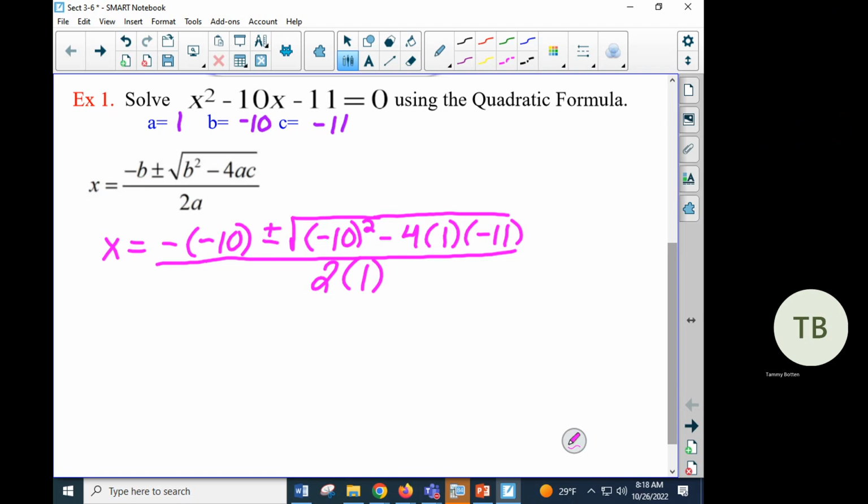All right, so here's how you're going to start this. You are going to enter what's underneath the square root first. Don't put the square root, just enter what's underneath the square root. So you're going to go parenthesis, negative 10 squared minus 4 times 1 times negative 11.